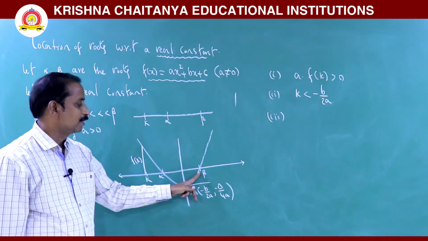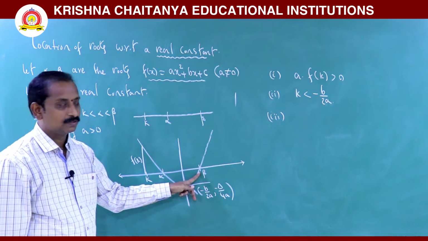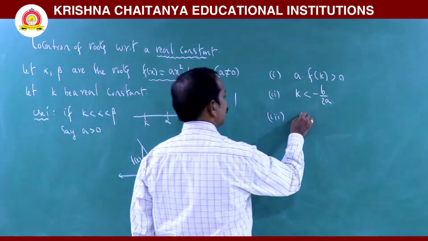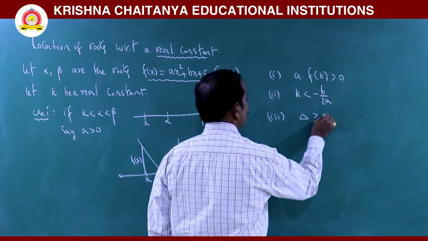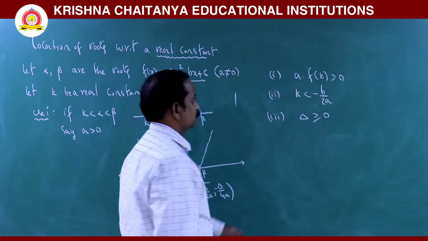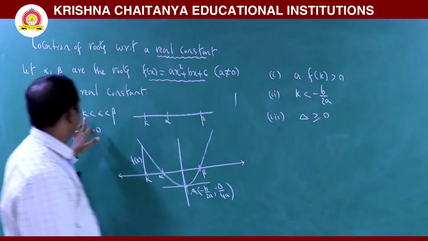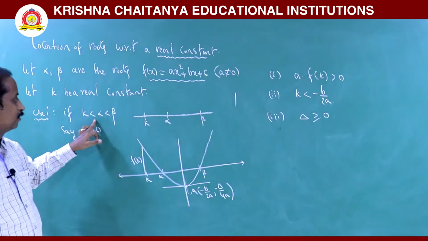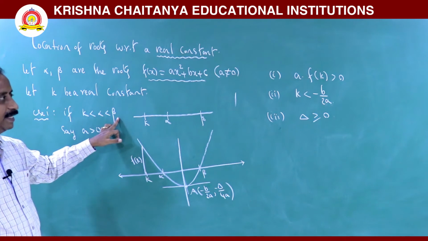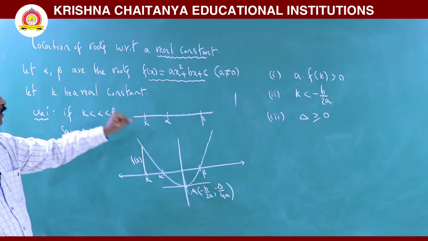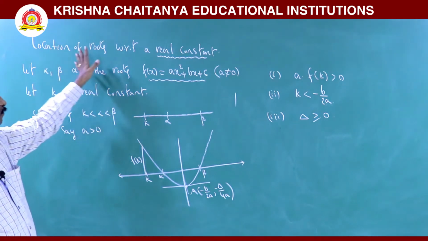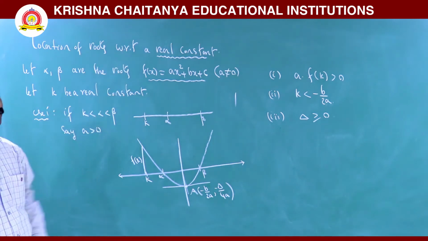If they are equal roots, I can write delta greater than or equal to 0. So these conditions are satisfied when k less than alpha less than beta. It is a very useful condition, location of roots with respect to a real constant.